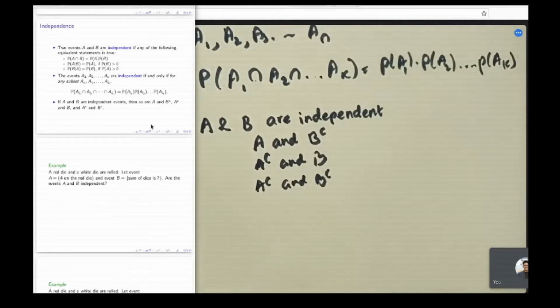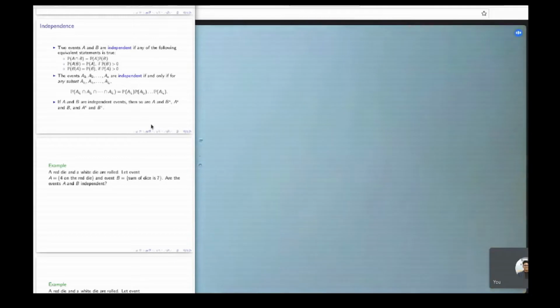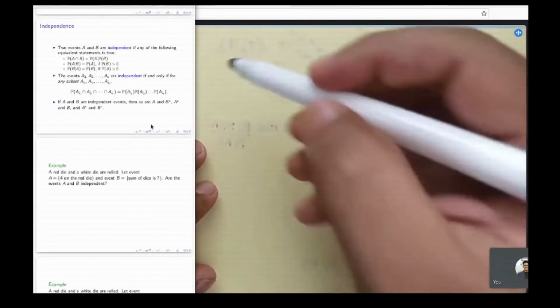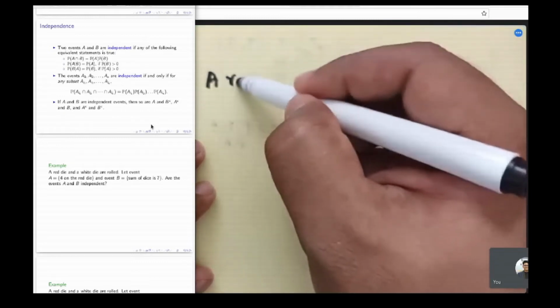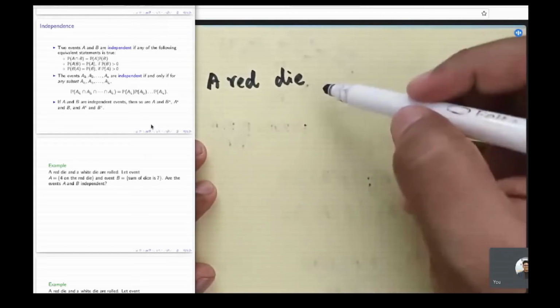So let's look at the second example of this. It says a red die and a white die are rolled.